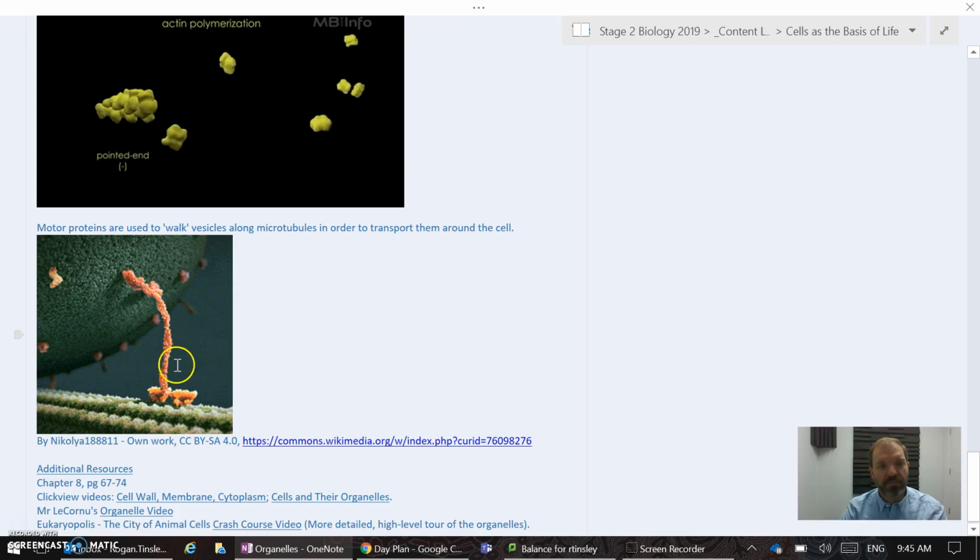And in the animation you see the motor protein walking along that as it pulls the vesicle along. So these vesicles don't just float around in the cytoplasm, they travel along microtubules to go to their destinations. And we can see here with this vesicle it's protein embedded and also has some carbohydrates. Those things help to direct where it needs to go.